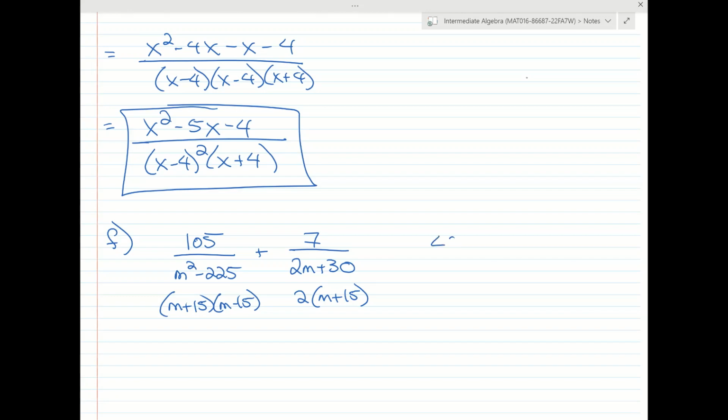So as far as our least common denominator, we're going to need an m plus 15 that covers for both. We're also going to need a 2. And then we're also going to need an m minus 15.